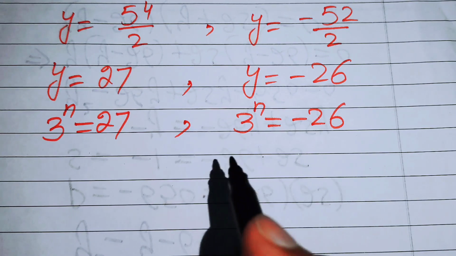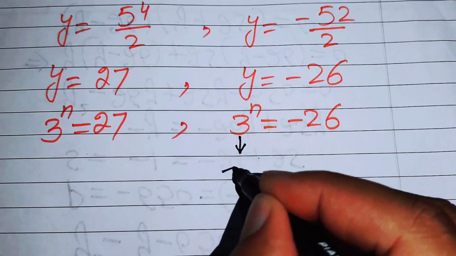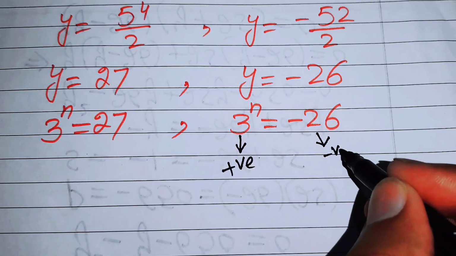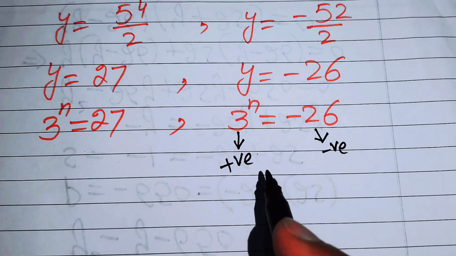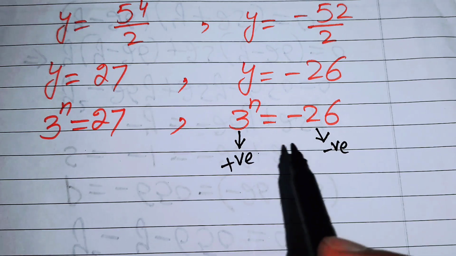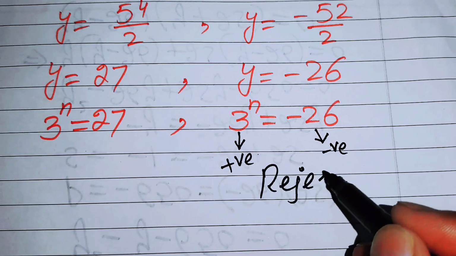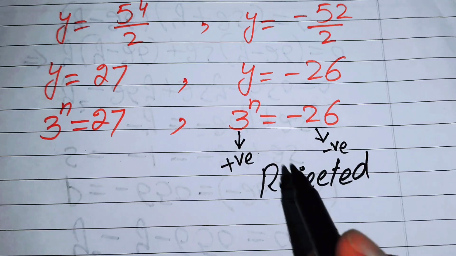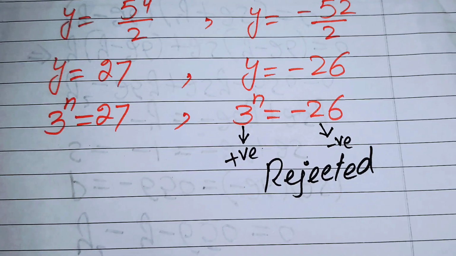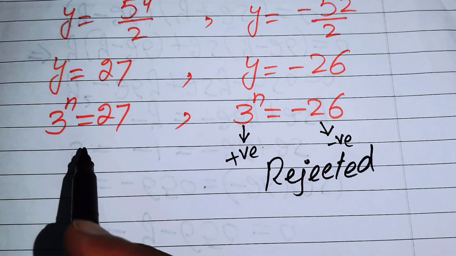You know that an exponential function always gives a positive value, so it cannot be possible for an exponential function to be equal to some negative value. So we will reject this case, and here we can proceed with case number 1 only.